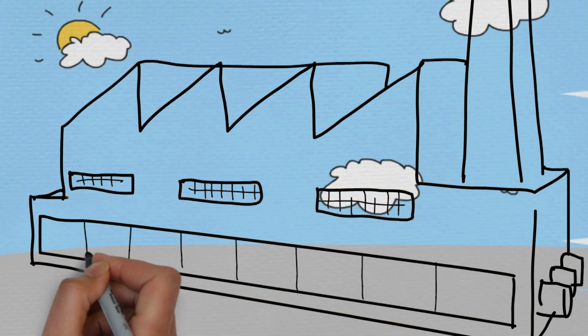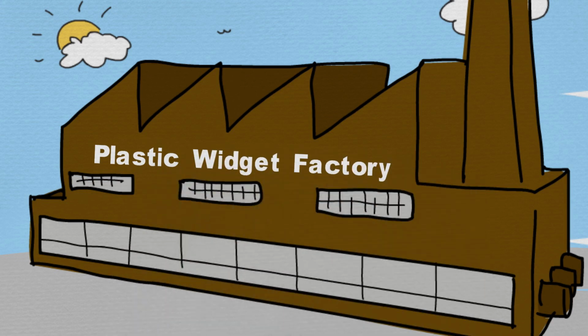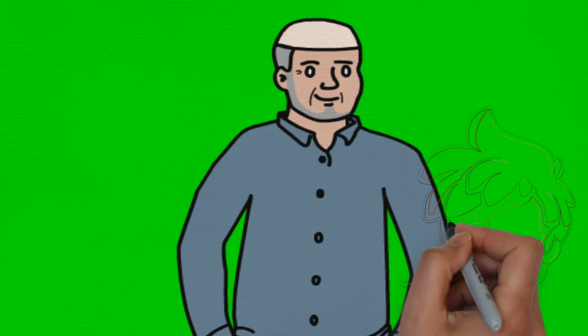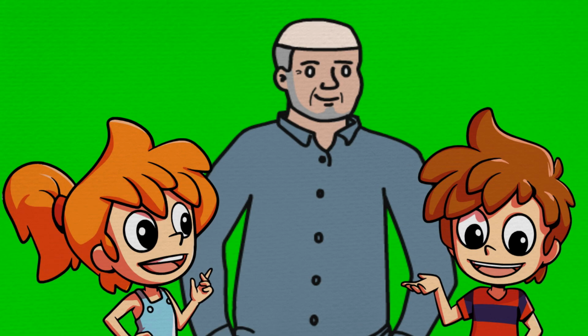Max and Min recently helped their pop in his office at his plastic widget factory. At the same time, he helped them learn some different ways to multiply and divide numbers.